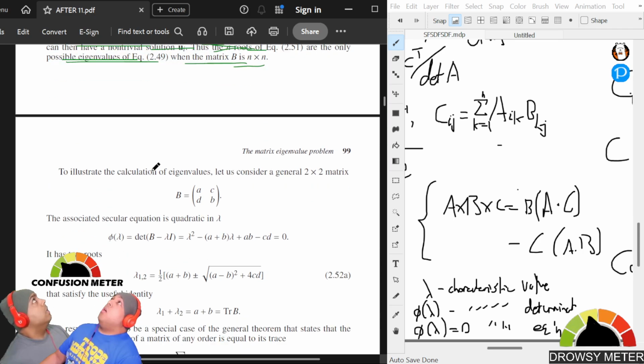To illustrate the calculation of eigenvalues, let's consider a 2 by 2 matrix.